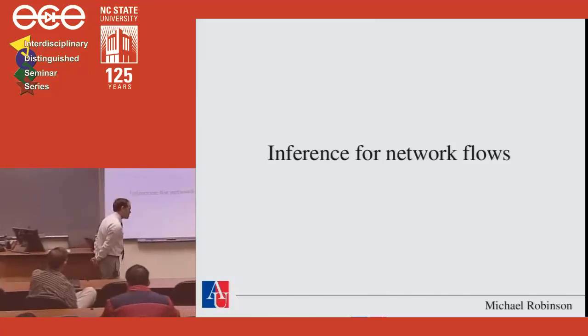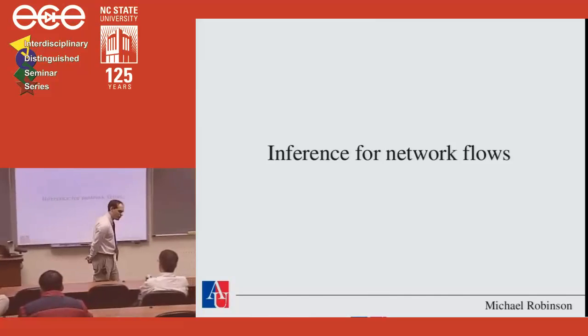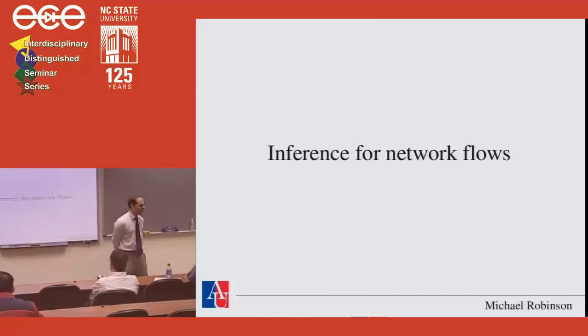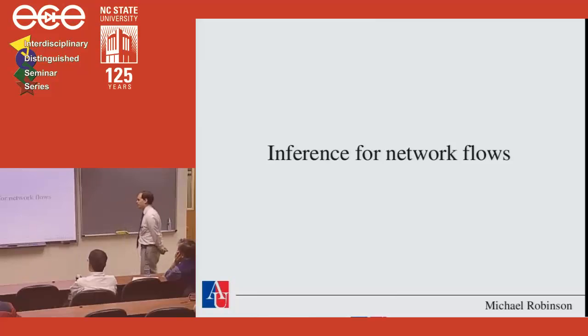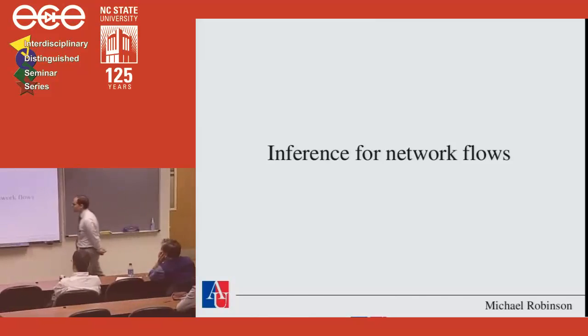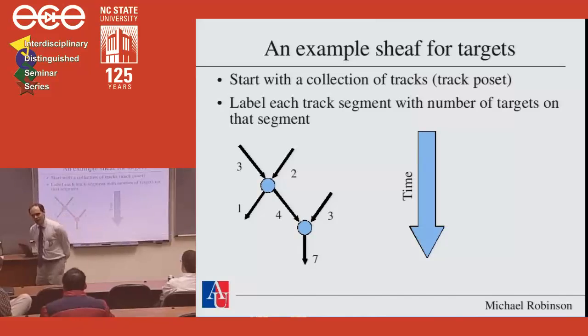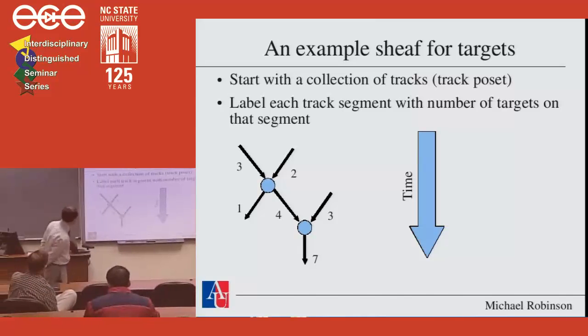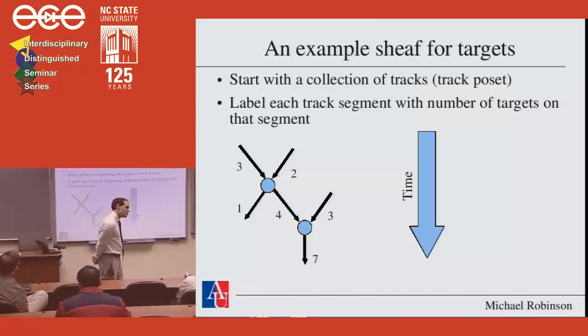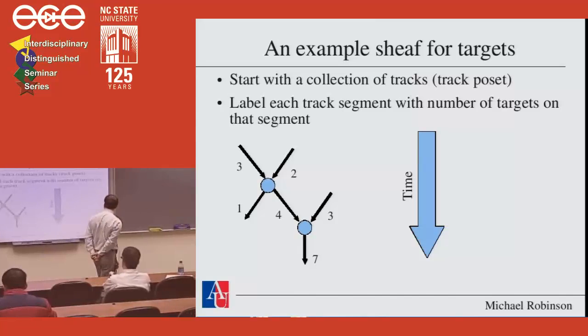So the first thing I'm going to tell you about is network flows, which I'm thinking of as a generalization of tracking. And the idea goes something like this. Suppose I've got a collection of targets or packages moving along on a particular time path.